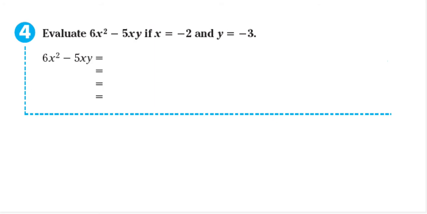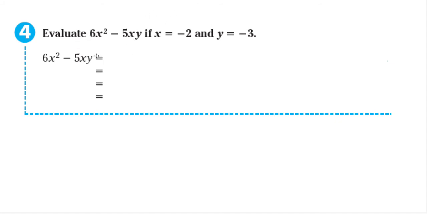Evaluate. Okay, last example. We want to evaluate 6x squared minus 5xy if x equals negative 2 and y equals negative 3. Remember what we mean when we say evaluate. Evaluate means to substitute and simplify, 2 steps.